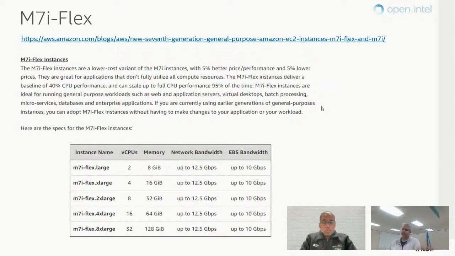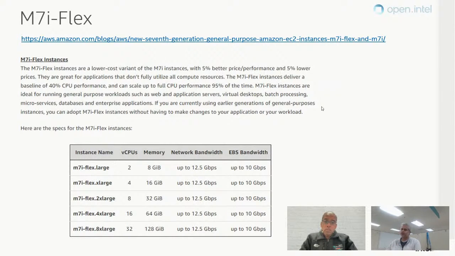This is a snapshot from the AWS blog post linked above. But what this is really saying is it's 5% better price performance, and they are great for applications that don't utilize all the resources, and they have a baseline of 40% CPU, and they can scale up to the CPU performance 95% of the time. And we'll break that down to see what that really means. What does that look like from a customer point of view, and so on.